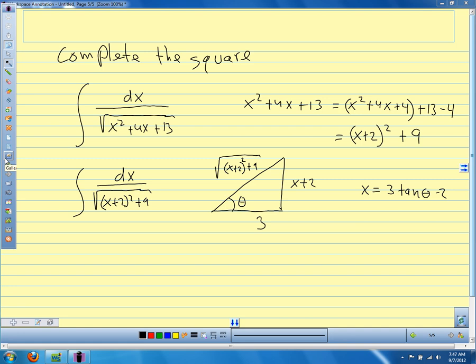So applications where you end up with trig substitution. In class on Monday, when you come in, I'm going to have some true-false questions written on the board, and we're going to work in groups and make our argument as to whether that statement is true or false, all having to do with trig substitution.